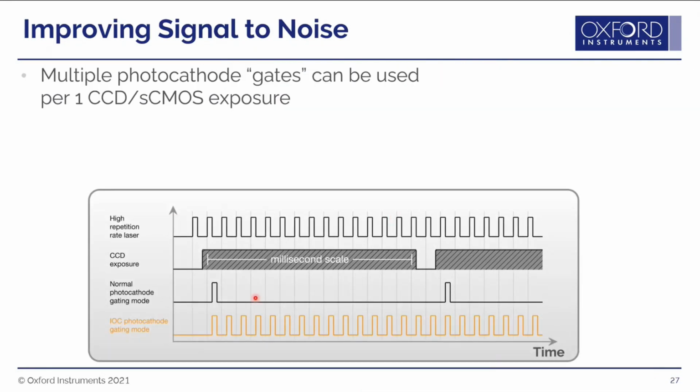So what this means is, say you have your CCD or your sCMOS exposing on a millisecond scale. If you have your high repetition rate laser and the same event occurring over and over again, instead of taking individual exposures and then sticking them together, you can have multiple iterations of the same event happening in one exposure, and open your gate for each of these events to build up signal on this single frame, and hence get a much better signal to noise ratio.